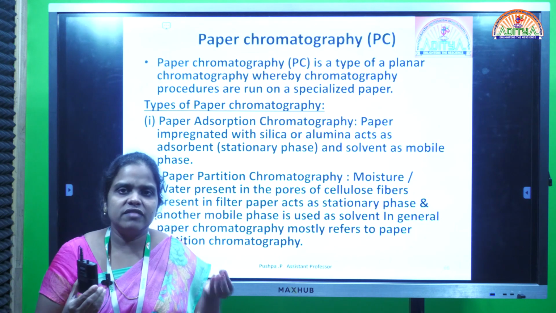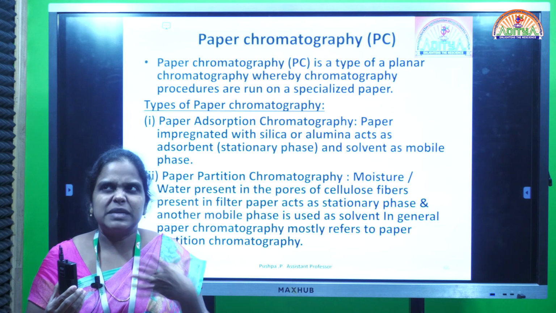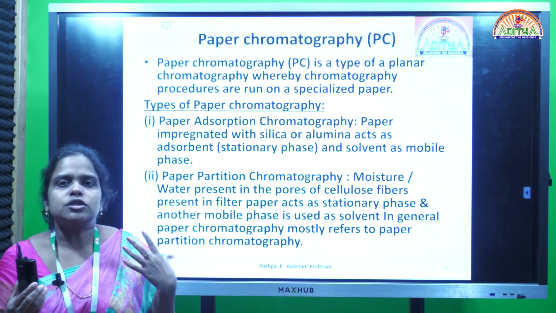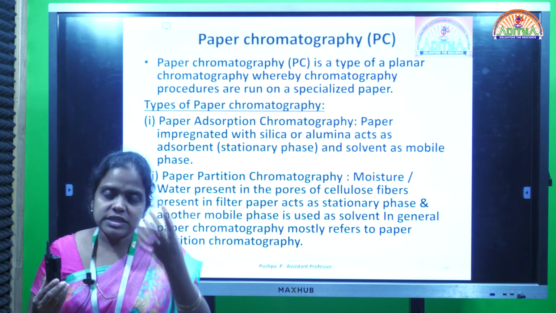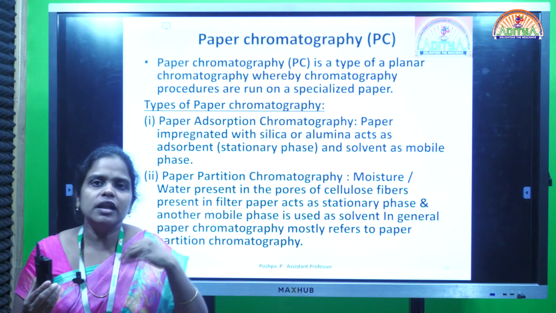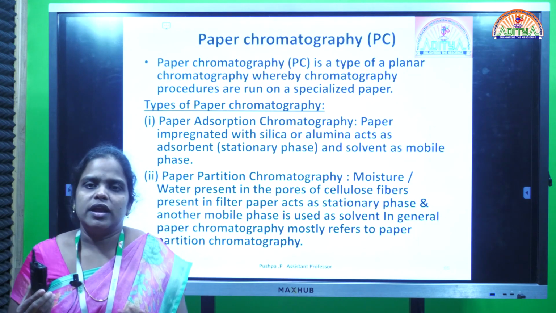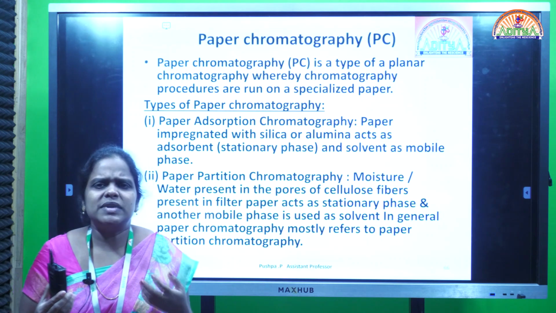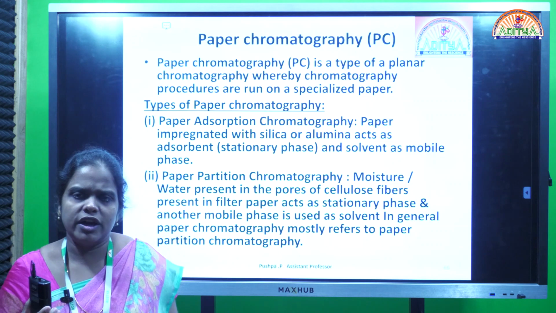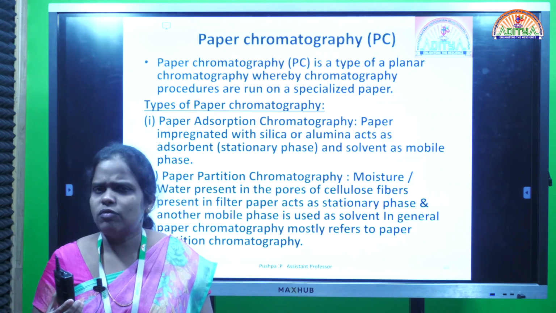Whenever we add some solute to immiscible solvents, the best example being oil and water, which are immiscible, then based on the solubility the sample has in oil or water, it will partition into either water or oil. If the solute or sample has more solubility in oil, it will partition more into the oil. If it has more solubility in water, it will partition into the water.